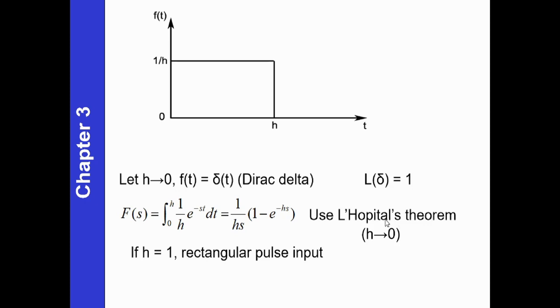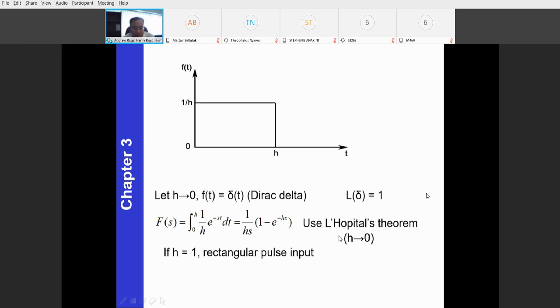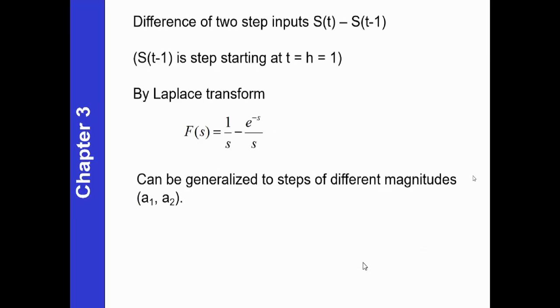I think you also cover this theorem in Maths 3, which I cannot really remember, but you can find it there. So it is the difference of two step inputs, S(t) minus S(t-1), where S(t-1) is the step starting at t equal to h equal to 1. By Laplace transform, F(s) equals (1 - e^(-s))/s, which can be generalized to steps of different magnitudes, a1 and a2.